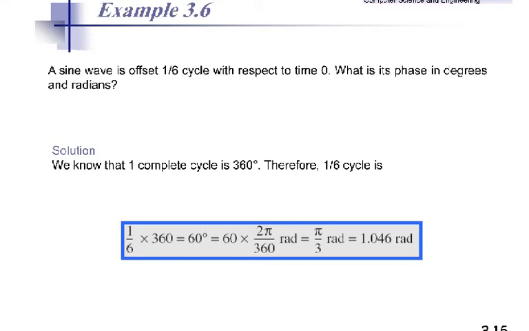Pi is around 3.145, something like this, over 3, so it would be 1.046. Okay? Any confusion here? Very simple example. Anyone not following? Okay.